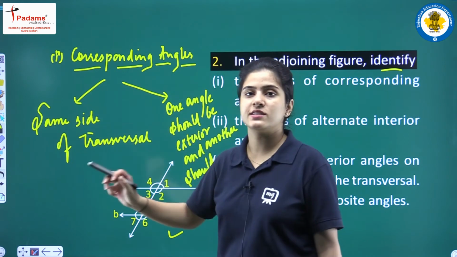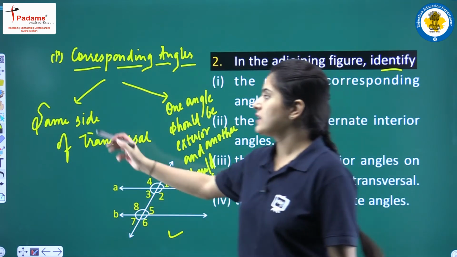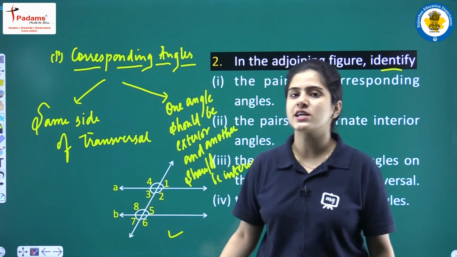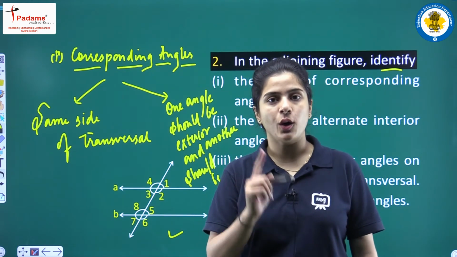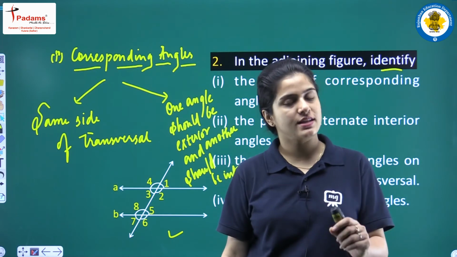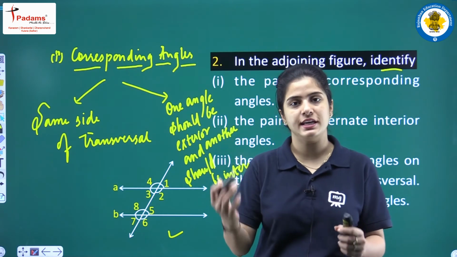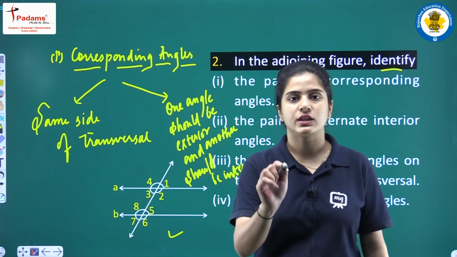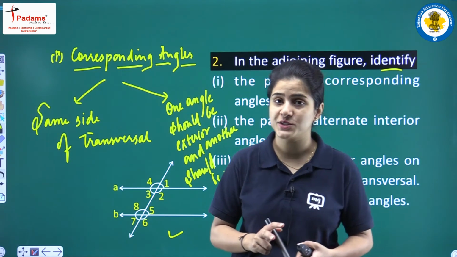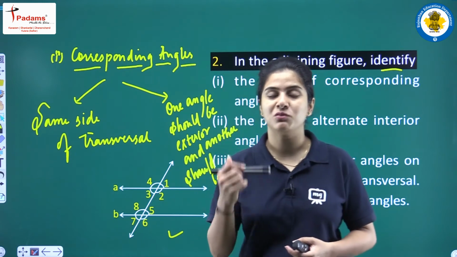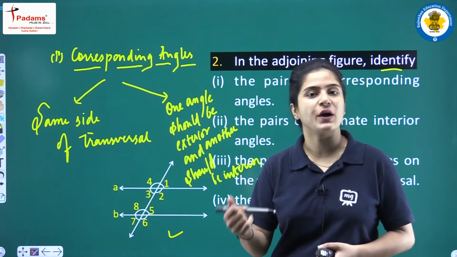So the two properties of corresponding angles are that they should lie on the same side of the transversal, and second, in a pair of angles, the first angle should be an exterior angle and the next angle should be an interior angle. Okay students, so these are the two points that you need to keep in your mind while you are identifying the corresponding angles.